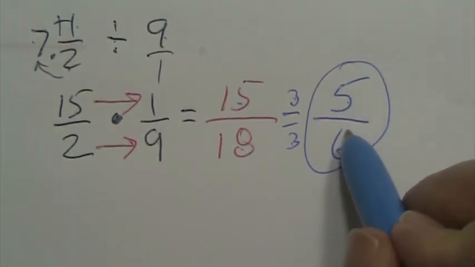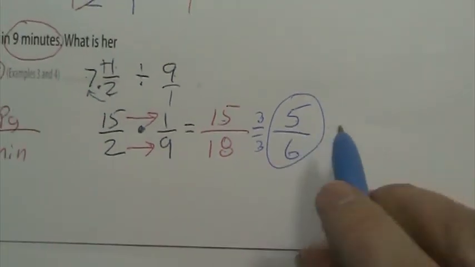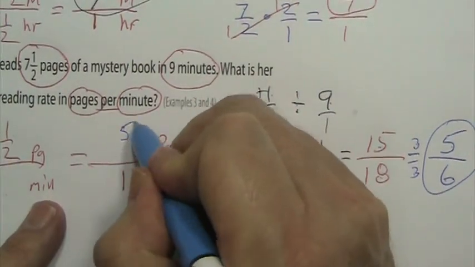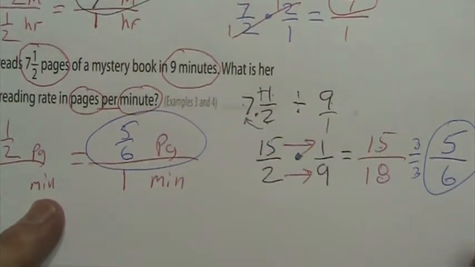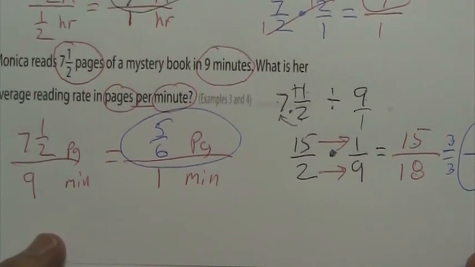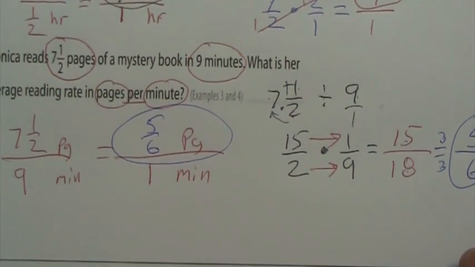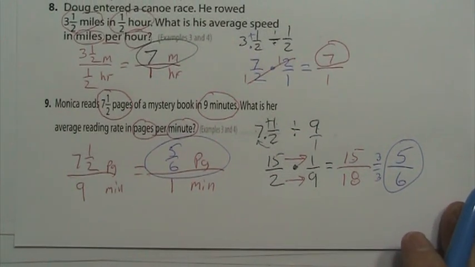That number is our answer. I know it's a fraction, but it still goes on top. So the answer is 5/6 of a page. That's how many pages she reads in a minute. Not quite one, but 5/6 of one page. And that's how we do numbers 4 through 9.